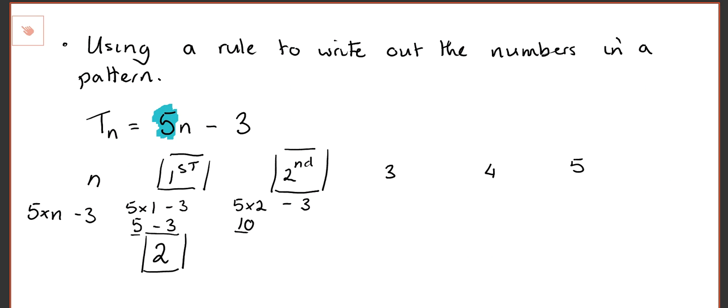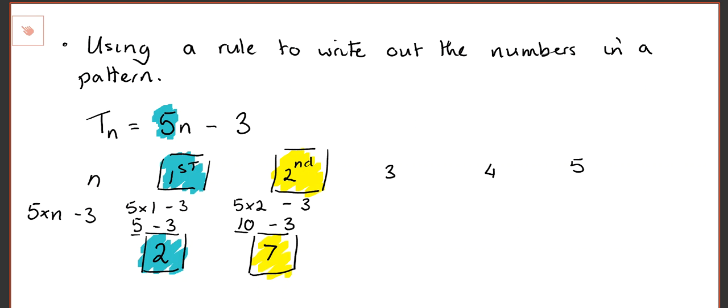There's an extra lot of 5. Then we still subtract the 3 and we get the answer 7. Okay? So we can say that the first term is 2, but the second term is 7. So we can see it goes up by 5.